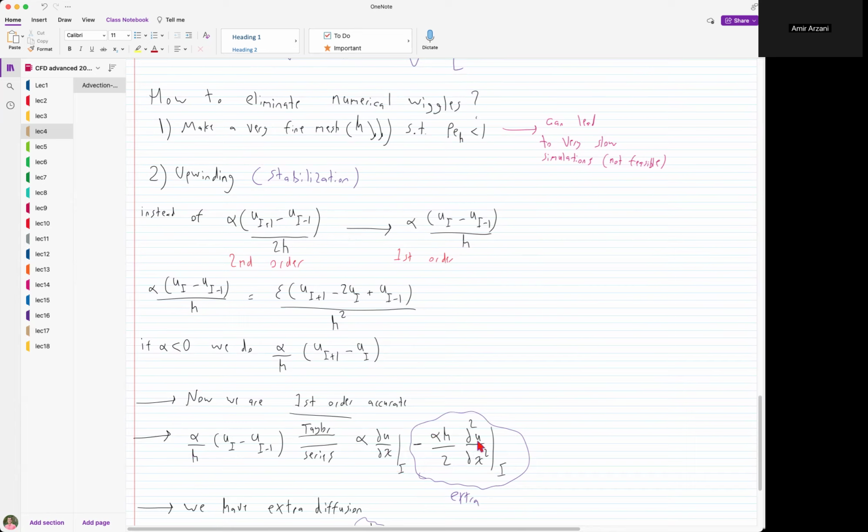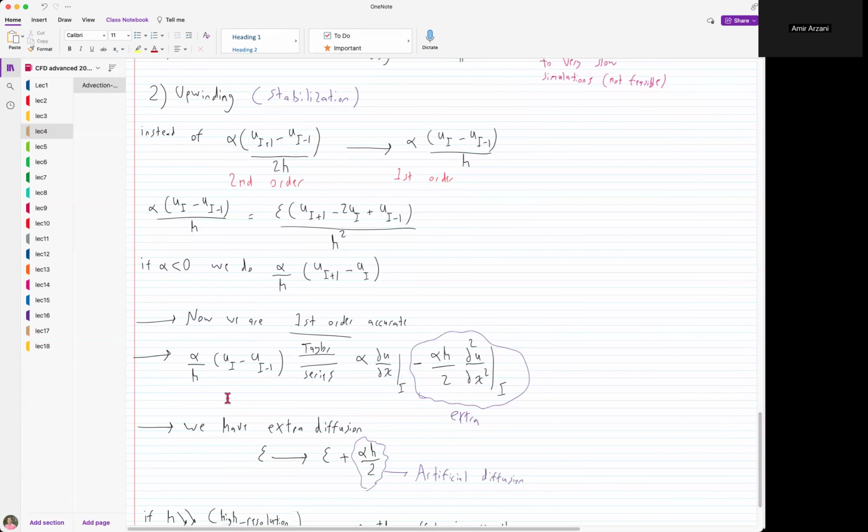Now, this second derivative is like a diffusion. And this is minus. So if you take this term to the right-hand side where the diffusion actually sits, you're going to see that what you're really doing by doing this stabilization or upwinding is replacing your diffusion coefficient epsilon by a new diffusion coefficient, epsilon plus this coefficient taken to the right-hand side, so positive, alpha h over 2.